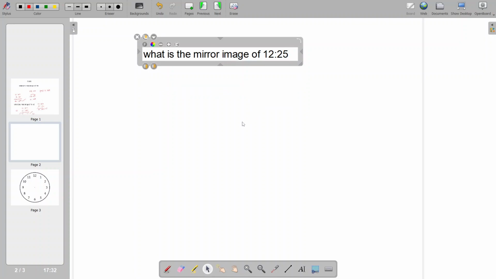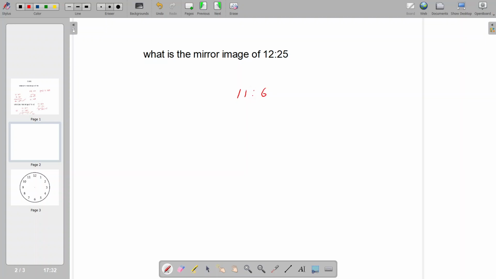For finding the mirror image, we need to subtract from 11:60, right? So 11:60 minus 12:25. 60 minus 25, how much? 10 minus 5, 5. 5 minus 2, 3. 35.